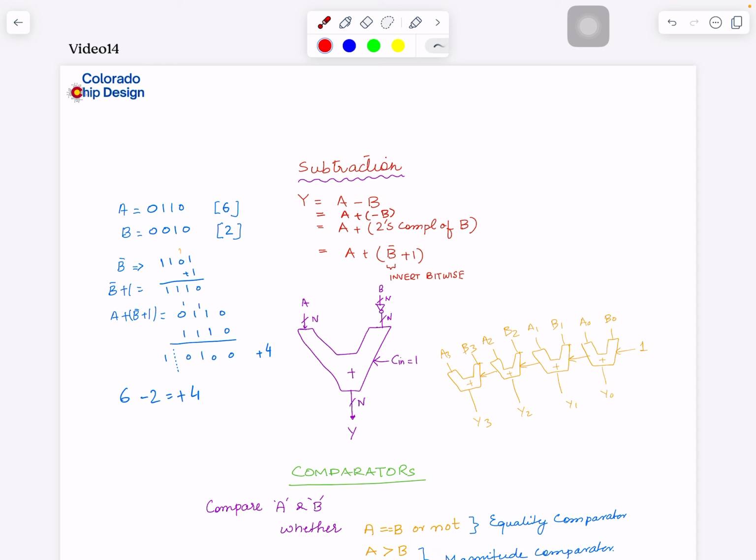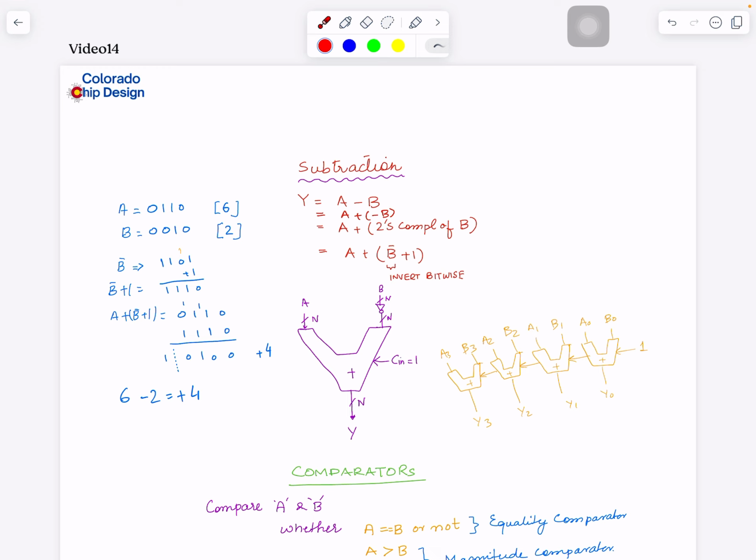This is a generic symbol with n bits, which I created before, but I'm using this one as related to this particular example. So let's look into this, and then we generalize it.